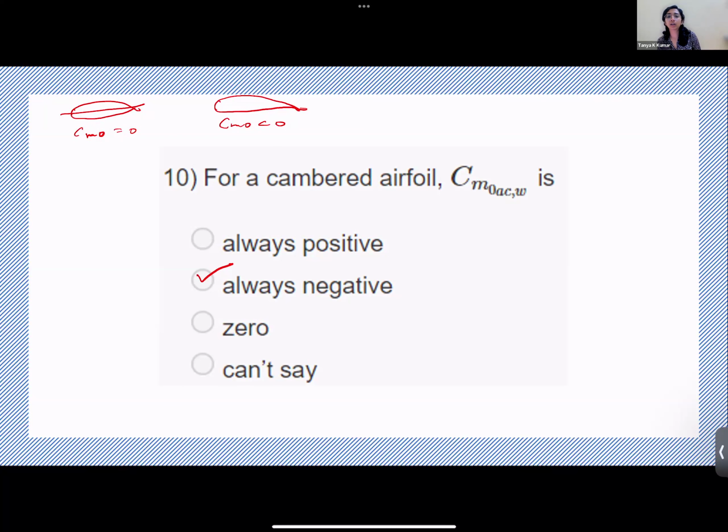We even discussed how the reflexed airfoil manages to make it 0 or greater than 0, right? So at that time, we had discussed this extensively. Please take a few minutes and try to tell me this. Google it or go back to your notes and do tell me the reason why it is negative.